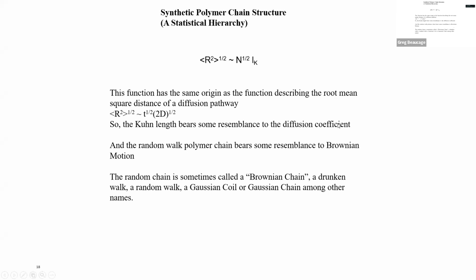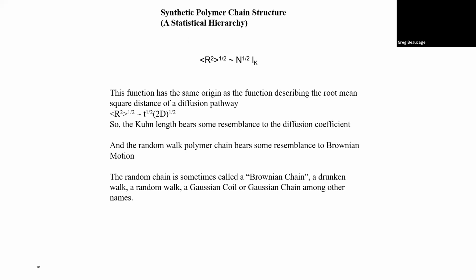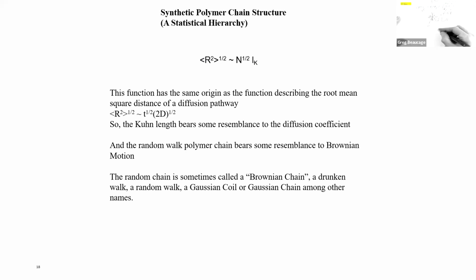Then you have Kuhn's way of looking at the chain. You have these straight line segments, and then you have so many of those straight line segments, which gives you the same size of the chain. So there's got to be a factor between, but you get the same size. So you're going to have this Kuhn model, where for polyethylene, you start with ethylene, so that's a monomer.